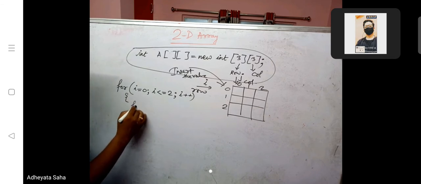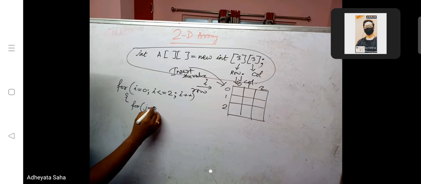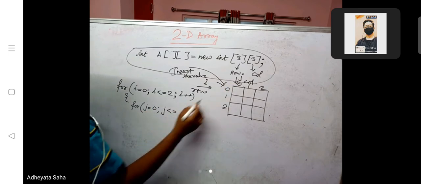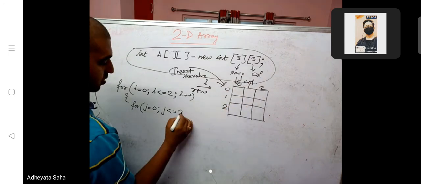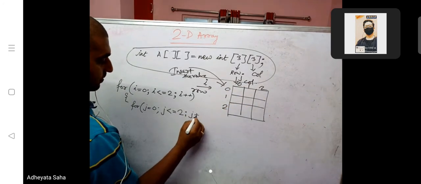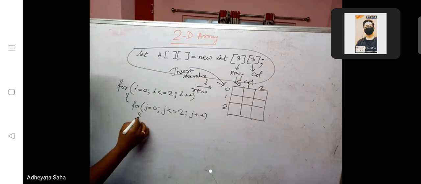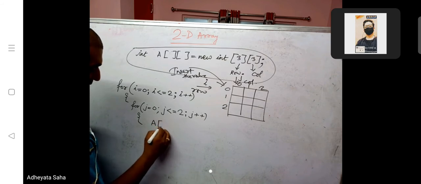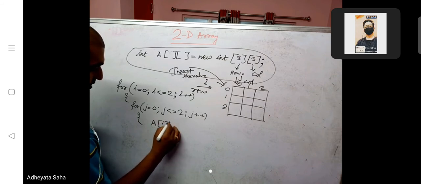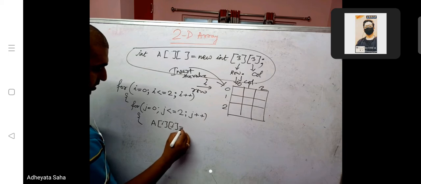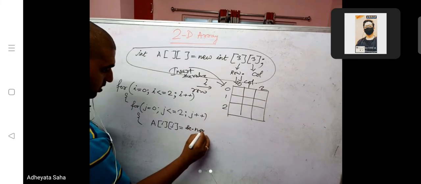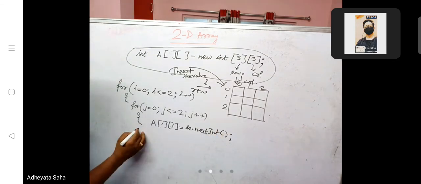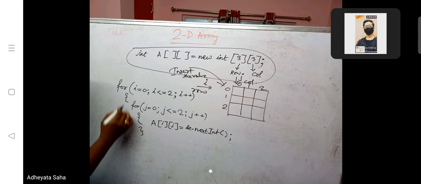Then for j equals 0, the column, j less than or equal to 2, j plus plus. Then the name of the array is a[i][j] equals sc.nextInt().